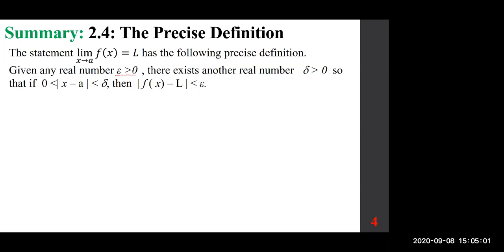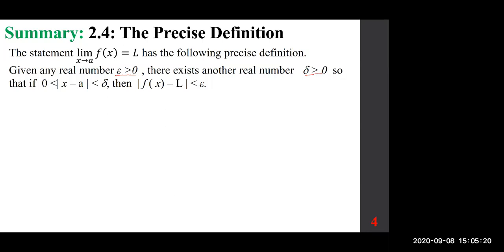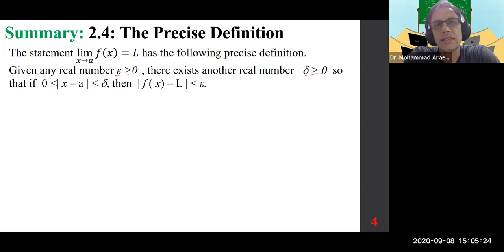Epsilon meaning a small number. There exists another real number, delta, which is also a positive value. It's a minute number. So that if the absolute value of x minus a is less than delta, then the absolute value of f of x minus L is less than epsilon.